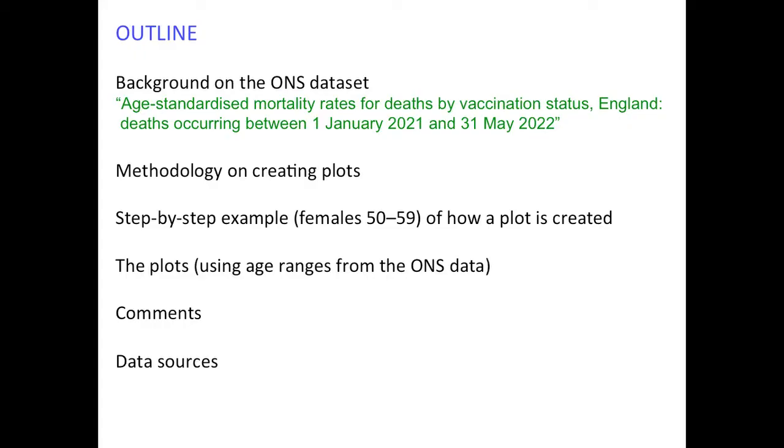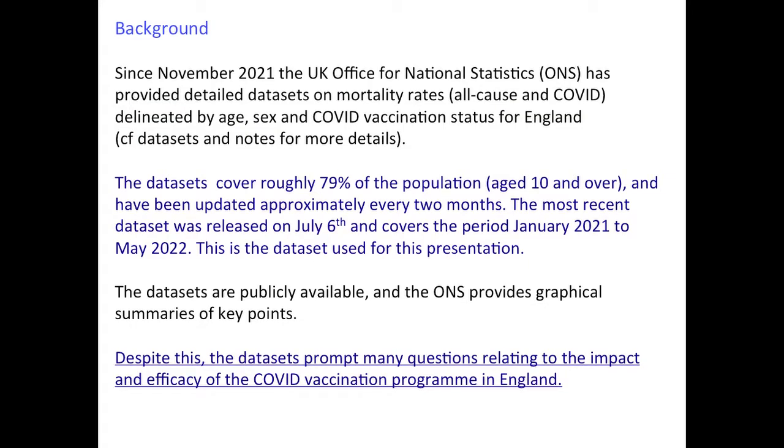So we'll start by giving some brief background on the ONS dataset and very quickly describe our methodology on creating the plots. The Office for National Statistics has been providing these datasets on all-cause and COVID mortality rates separated by COVID vaccination status, namely those individuals unvaccinated or who have received 1 dose, 2 doses, or the booster.